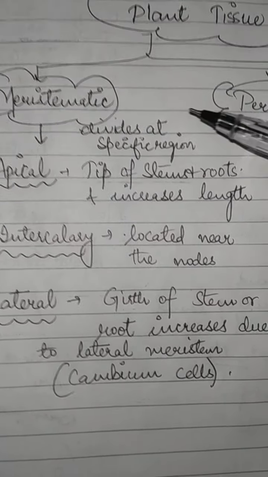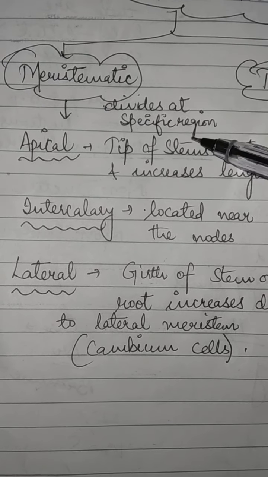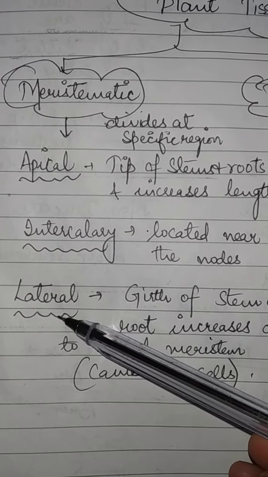As I told you, it divides at a specific region. Clear? Apical is the first type, second intercalary, and third lateral. Apical means, suppose here is the ground and this is a plant. Here is the main root, right?